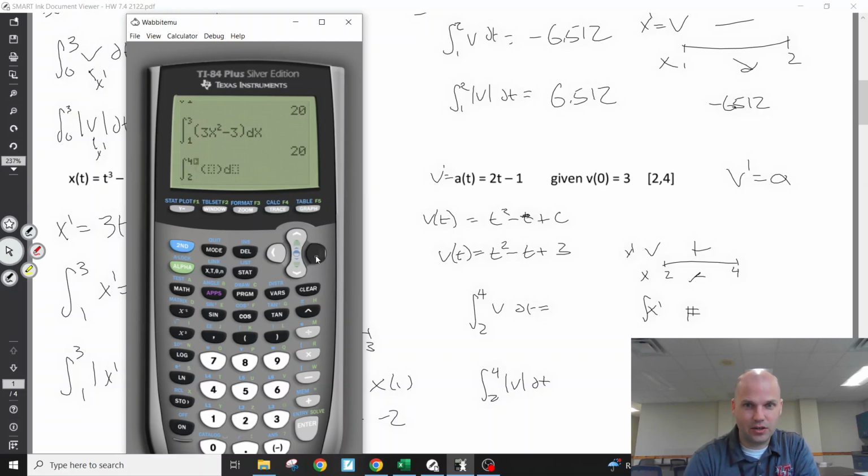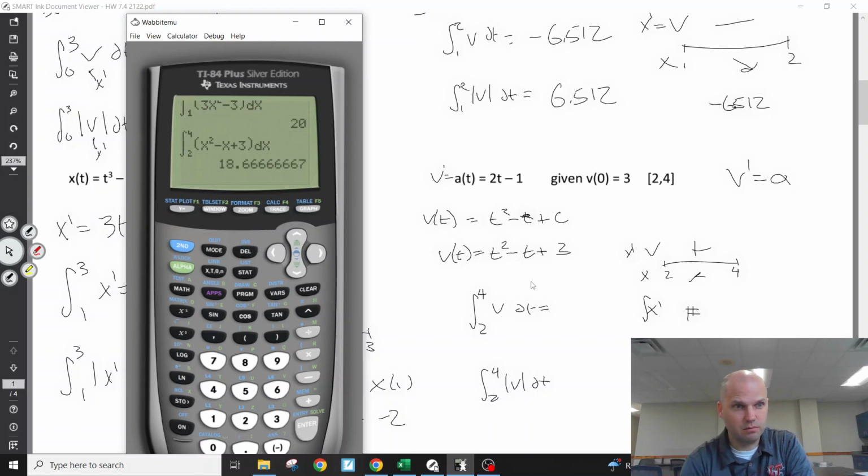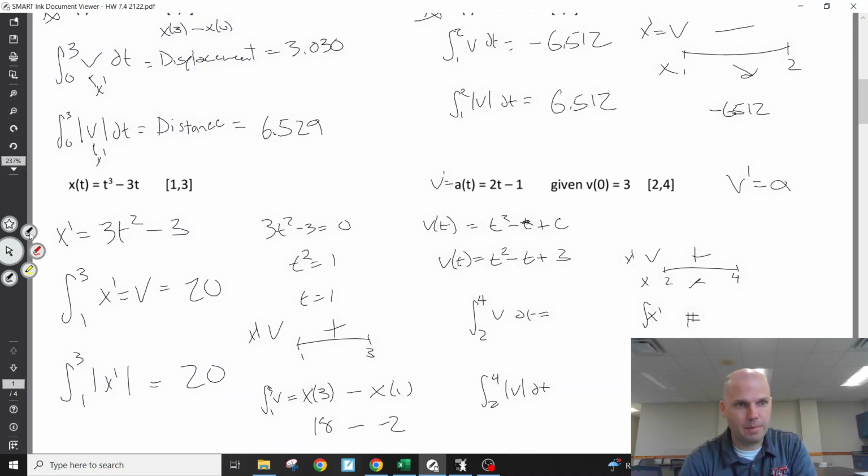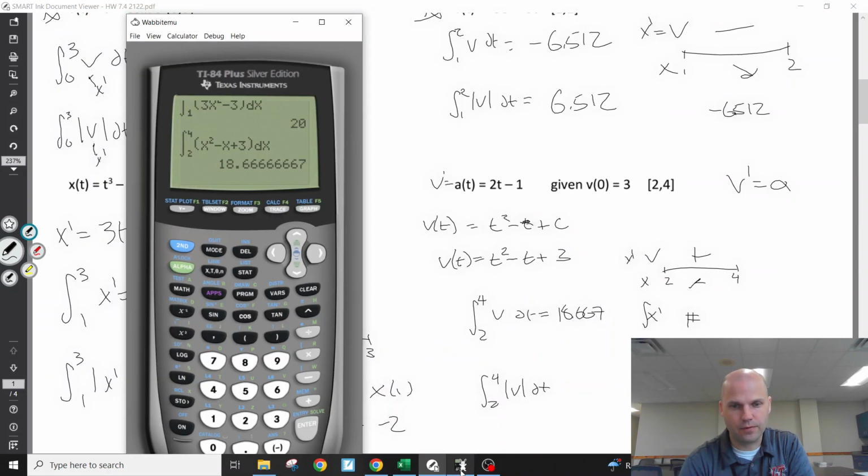Finding the area under t squared minus t plus 3 is done easily with a calculator, more involved without. All right, I bet you if I use the absolute value, I'm going to get the same answer. I should have done that first.